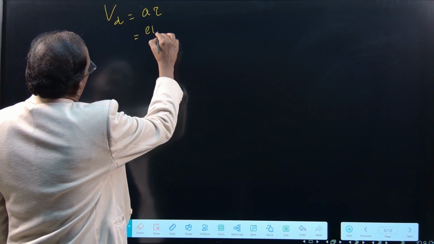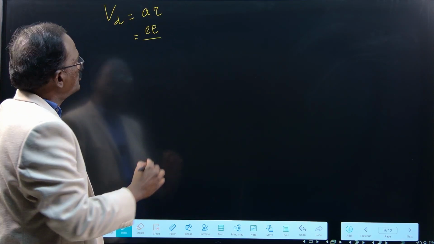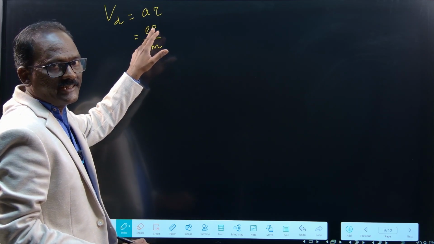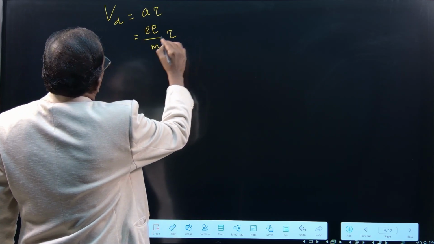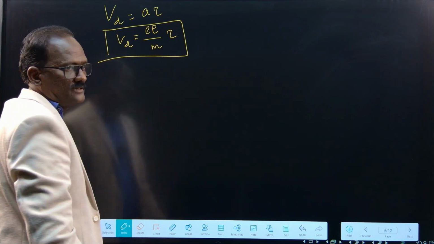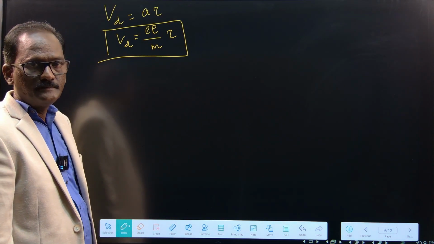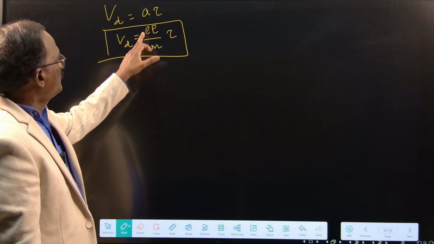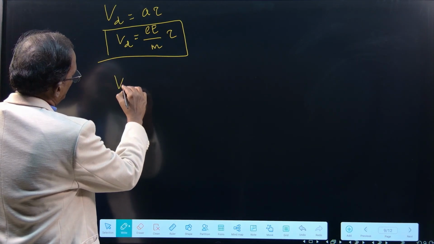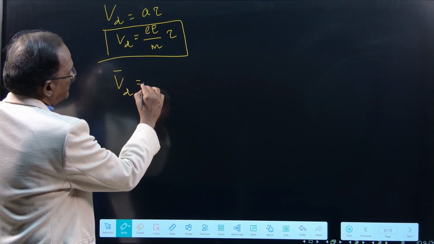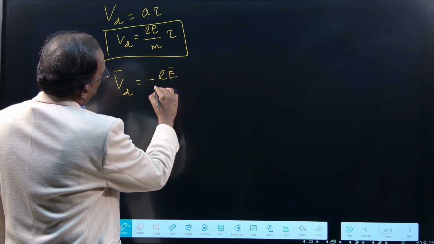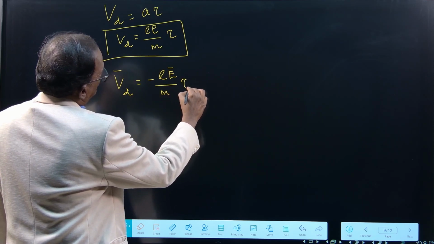A we can write as force by mass, Coulomb force, E, and E into tau. This is the equation for drift velocity, simple. Force by mass into relaxation time. If you want to write it in vector format, Vd bar is equal to minus E upon m tau.